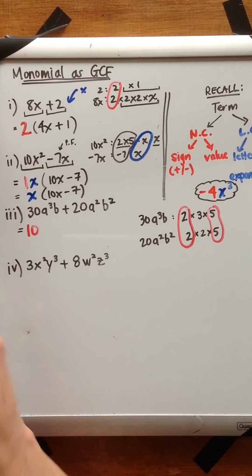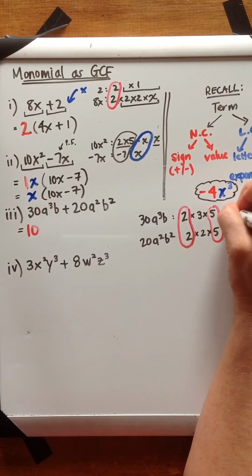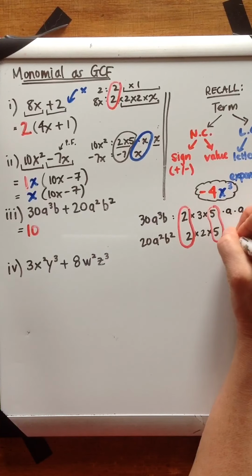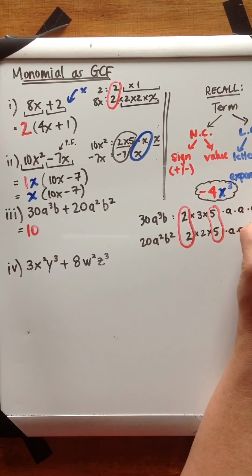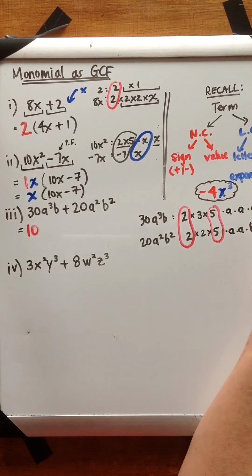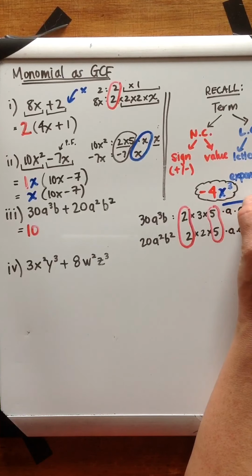Now, let's look at the literal piece. In the first one here, I have times a times a times a times b, and down here I have times a times a times b times b. Well, what do you see as the literal piece that they share in common, or their literal prime factors?